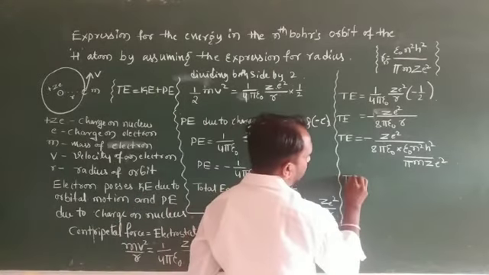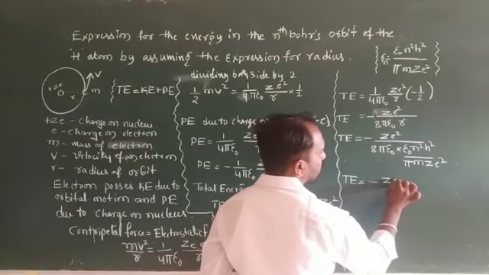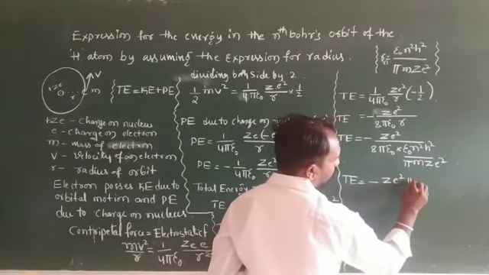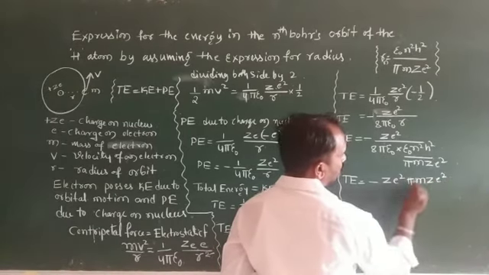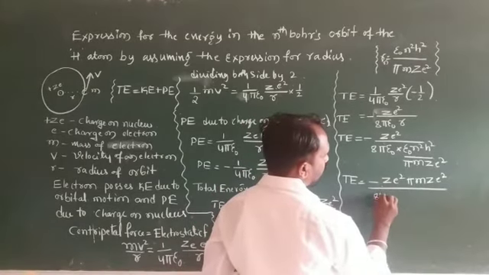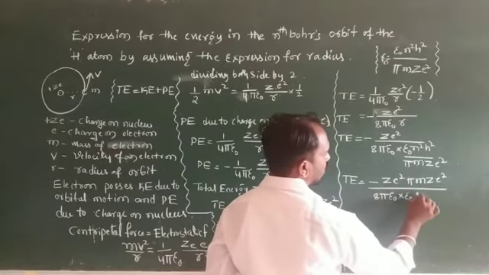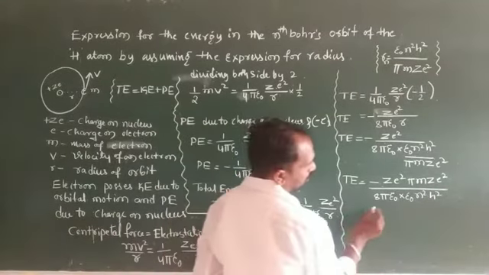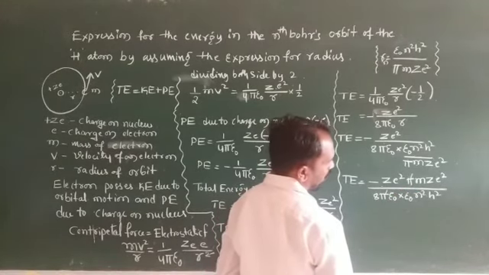The total energy is equal to minus as it is, Z E square, take this upside, so m Z E square whole divided by h pi epsilon naught into epsilon naught n square h square. Here pi gets cancelled.